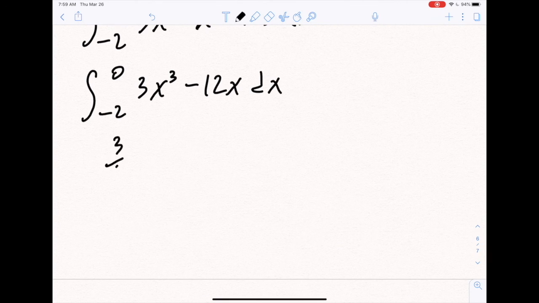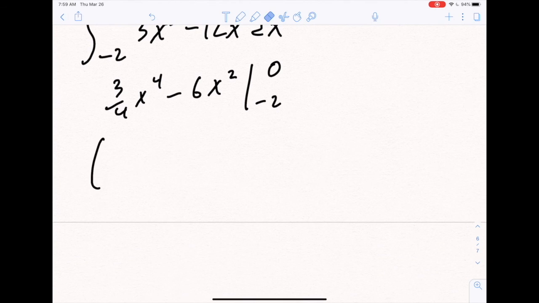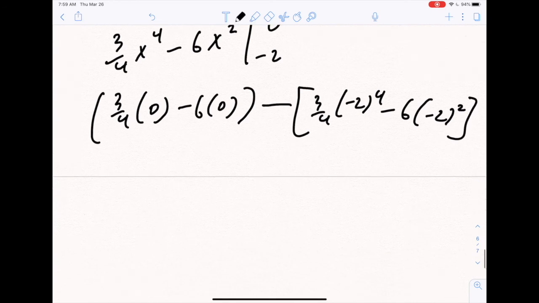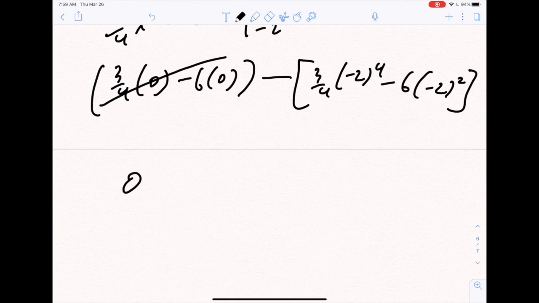And so that gives us 3/4 times x to the 4 minus 6x squared, evaluated from minus 2 to 0. And so that'll be 3 over 4 times 0 minus 6 times 0 minus 3 over 4 times minus 2 to the 4th minus 6 times minus 2 squared. And so this is obviously just 0.